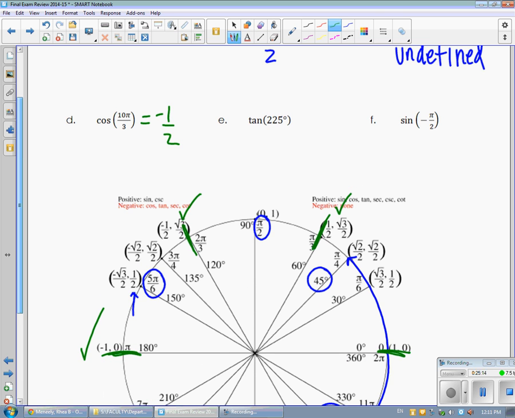If you're not comfortable with that, you could take 10 pi over 3 and change it into degrees, because I think degrees are a little bit easier to work with. But that means you would have to multiply this by 180 over pi, and you don't have a calculator on this section. So even though your pi's will cancel, you're still looking at basically 10 times 180, which gives you 1800 divided by 3. Well, 3 goes into 18 6 times, and so that leaves you with 600.